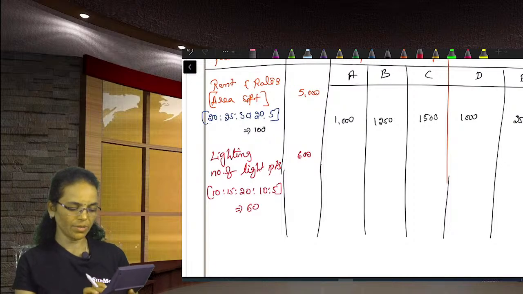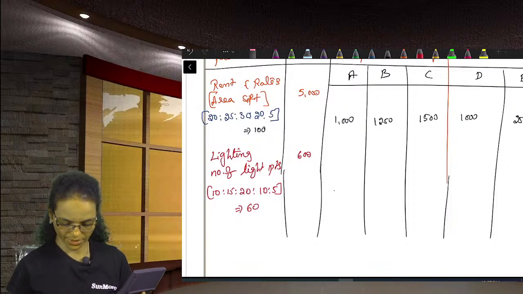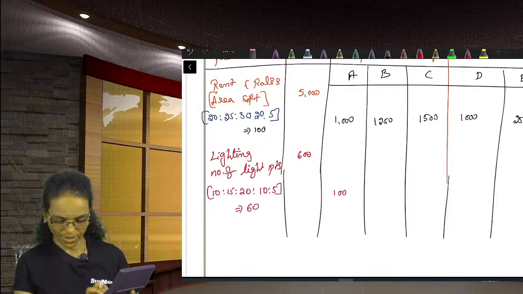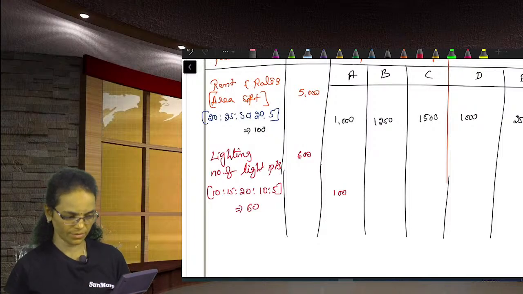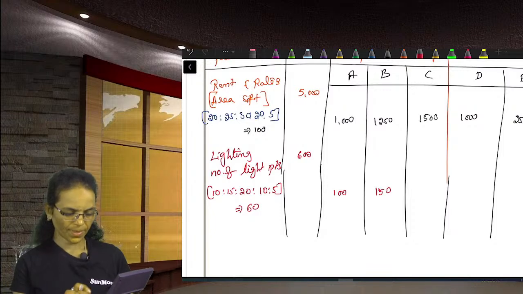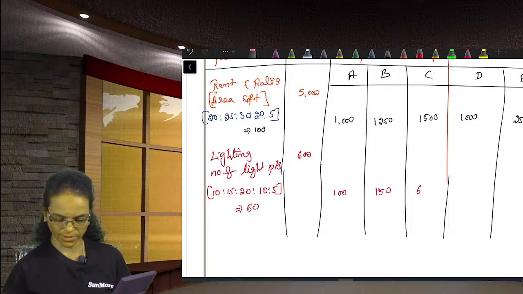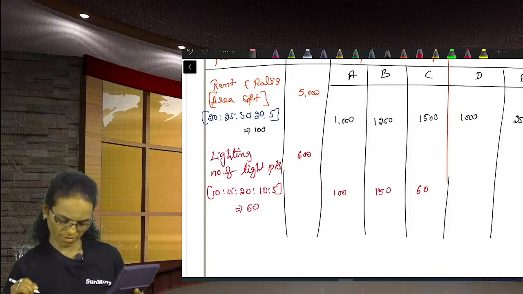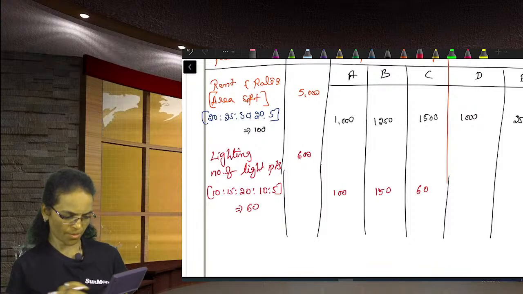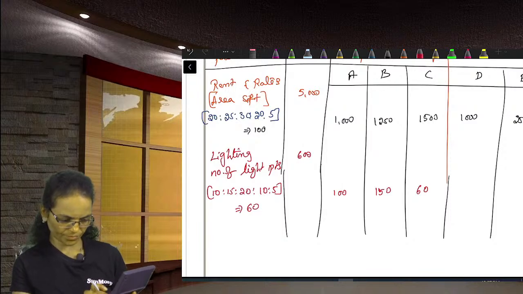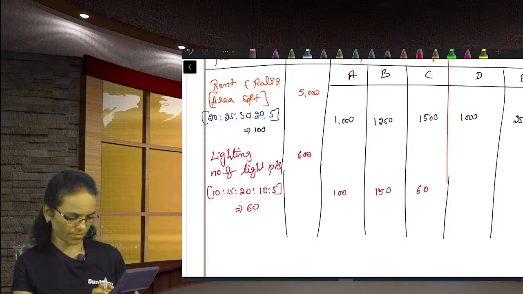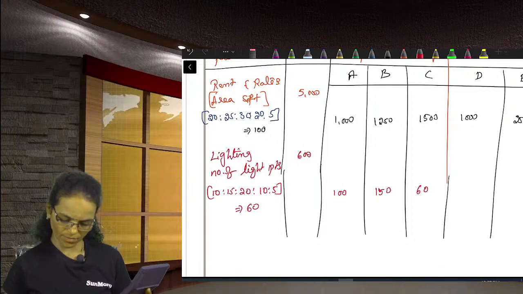So 10 divided by 60 into 600 is 100, 15 gives 150, 20 gives 200, and so on.